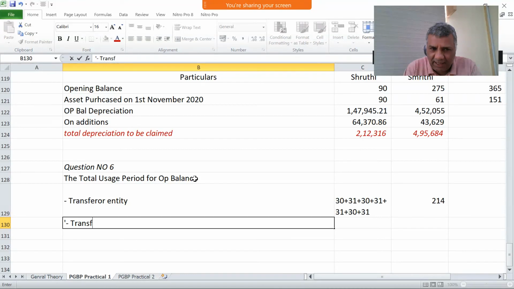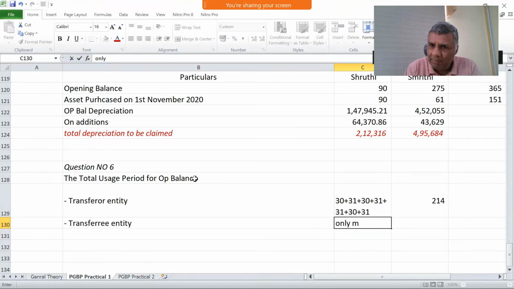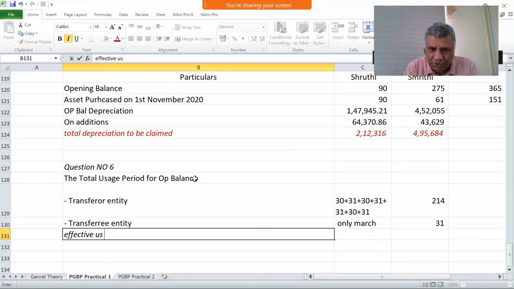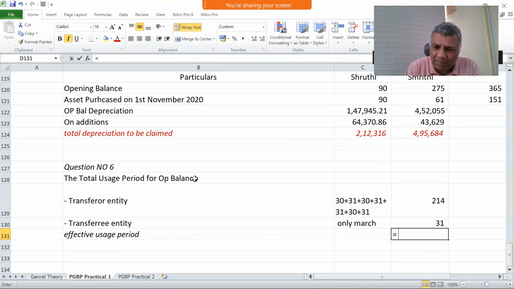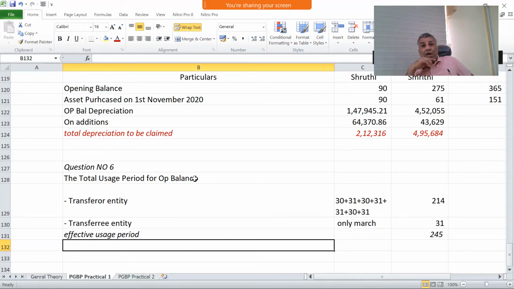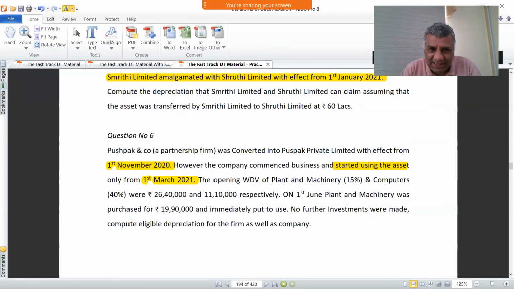Transferee entity only March. So, effective usage period for the opening balance asset itself will be only 245 days. For computation, go by our normal method. For distribution, the law says effective usage period, which has a nice thing to understand.